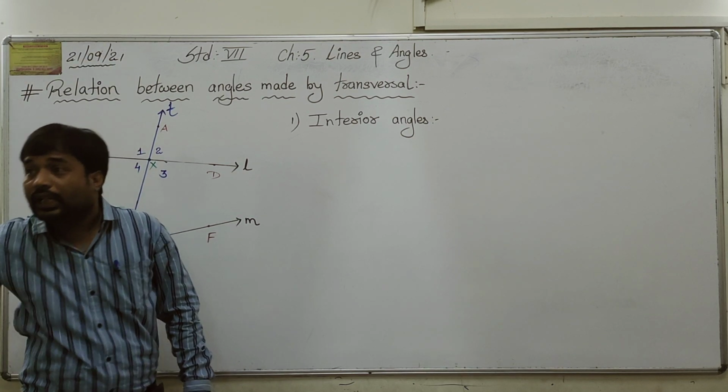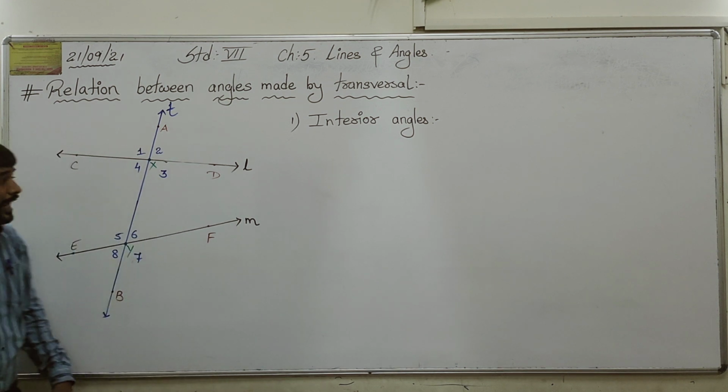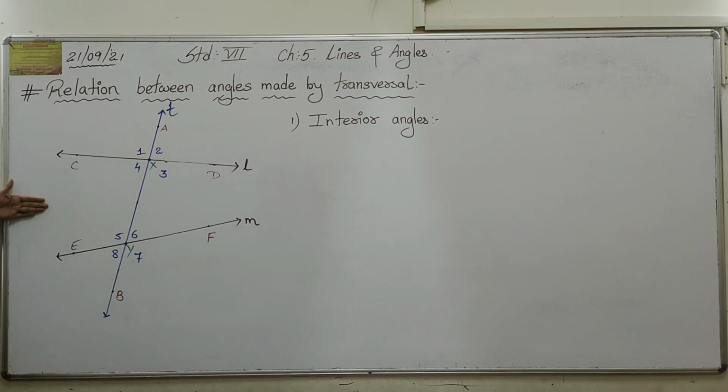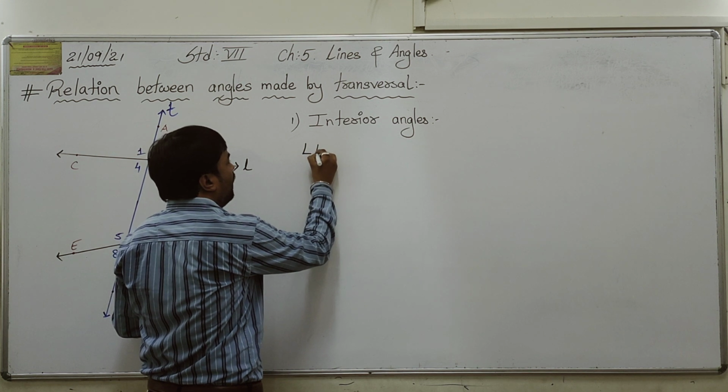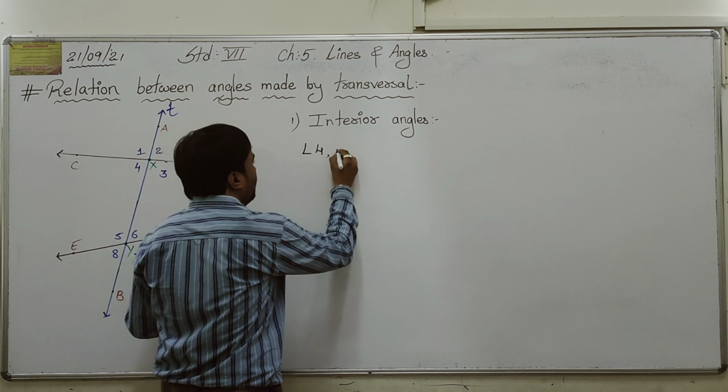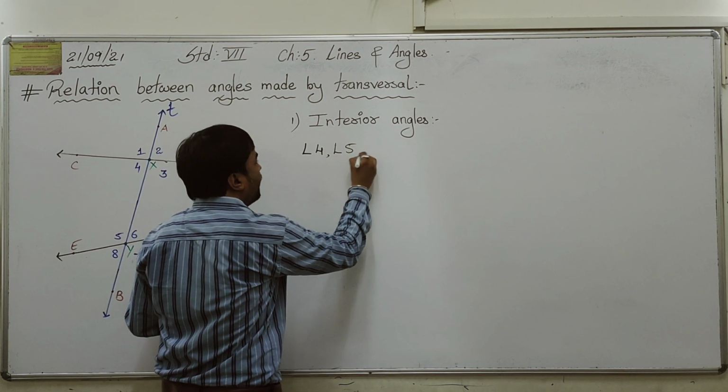So can I say that angle 4 and angle 5 are interior angles? They are inside, so they are interior angles. The first one, angle 4, then angle 5.